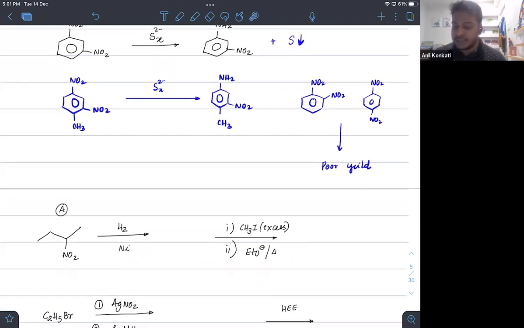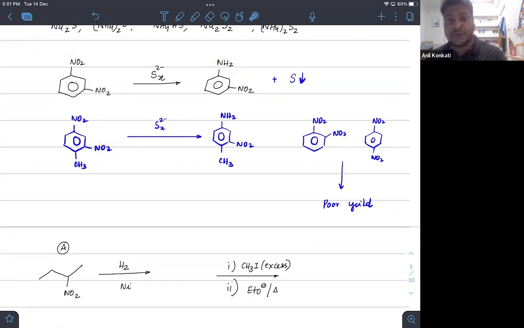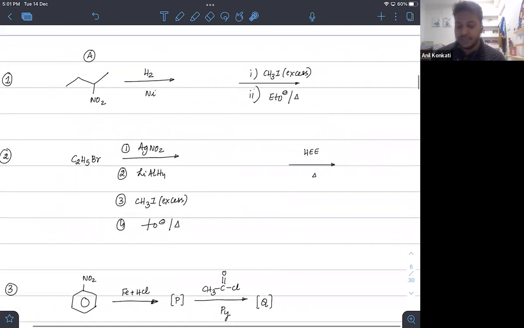So even if asked, you say there is no reaction here. Only at meta positions where nitro groups are there, one of the nitro groups gets reduced. Clear on this? This becomes quite important. Selective reduction happens during a lot of conversion reactions, A, B, C, D, and somewhere you will find it involving reduction. So just be aware of that.